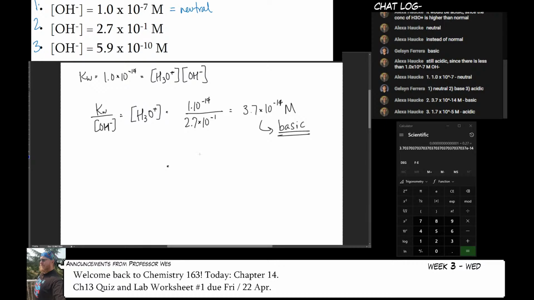And then for the third one, I wrote this in the wrong order. For the third one, we got Kw over 5.9 times 10 to the negative 10.